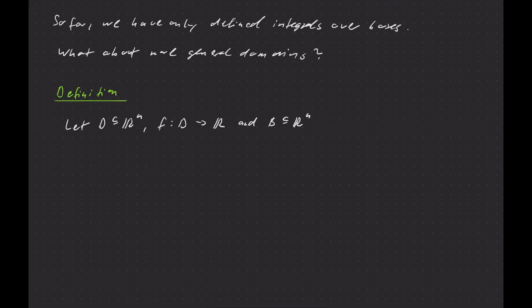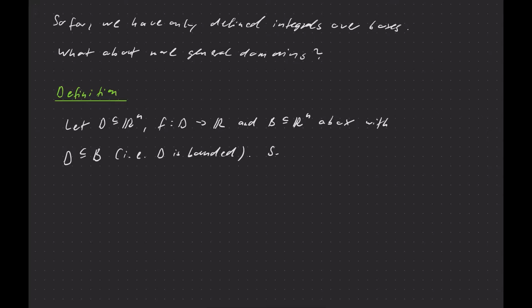So B, a box with D contained in B. And that especially implies D is bounded. But that's pretty much the only restriction that we will impose.